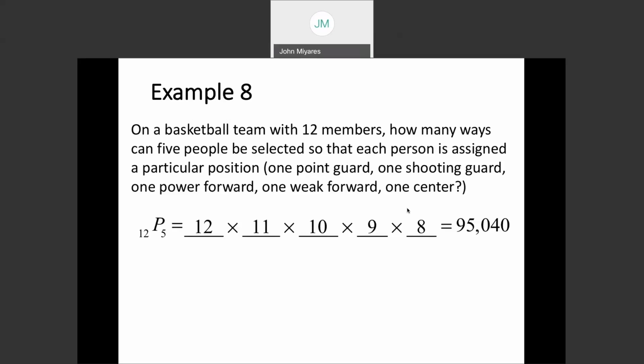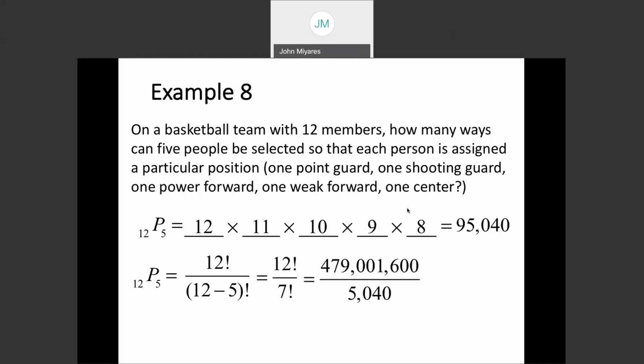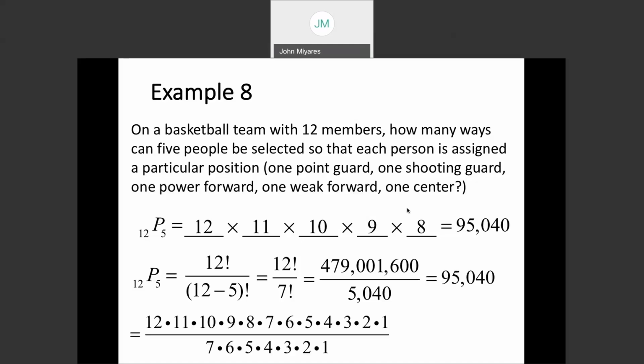If we wanted to apply that formula involving the factorials on the previous page, we said that nPk would equal n factorial over n minus k factorial. Plugging in n equals 12 and k equals 5, that will give 12 factorial over 7 factorial, which we can look at in a few different ways. We can either expand out everything and then divide it out in order to get our answer, or we could look at the properties of what it means to be 12 factorial divided by 7 factorial.